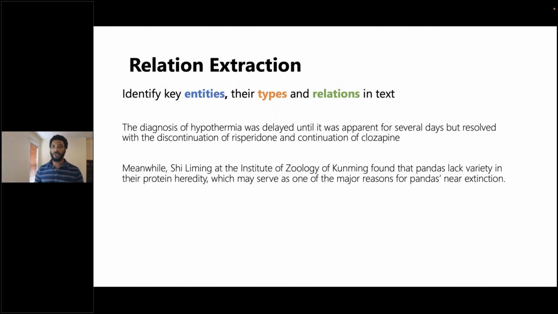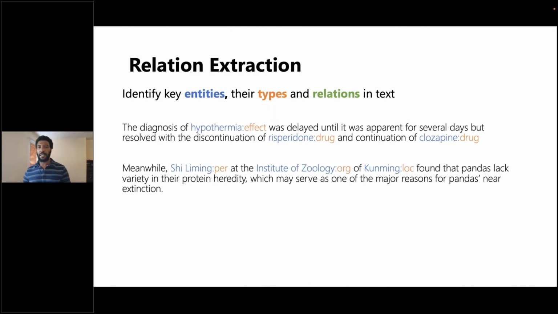We may want to take a snippet of text like this, maybe coming from a clinical note, and find instances of drug adverse reactions. And so the idea here would be that we would identify both the effects and the drugs, and then we would try to classify whether the drug has an adverse effect.